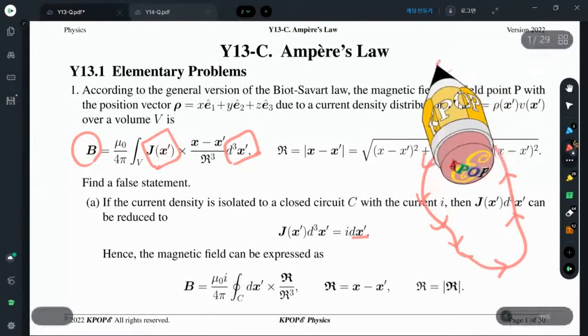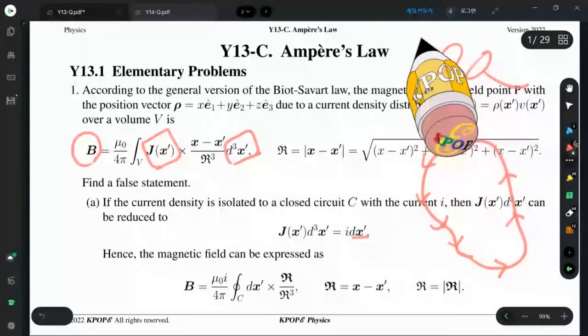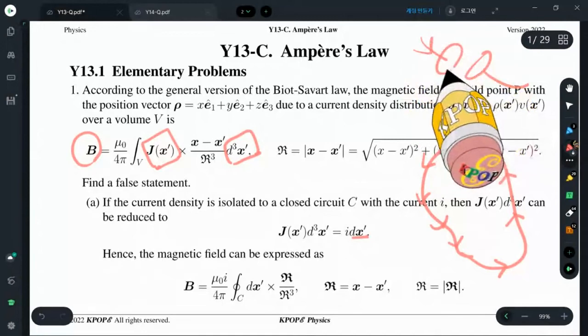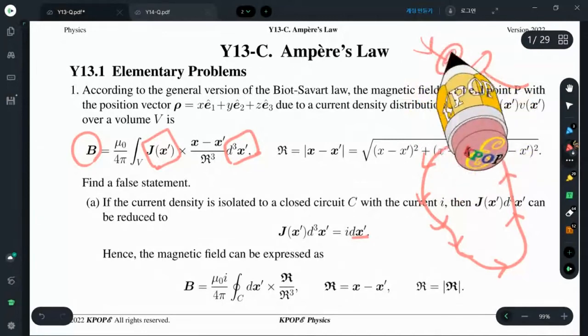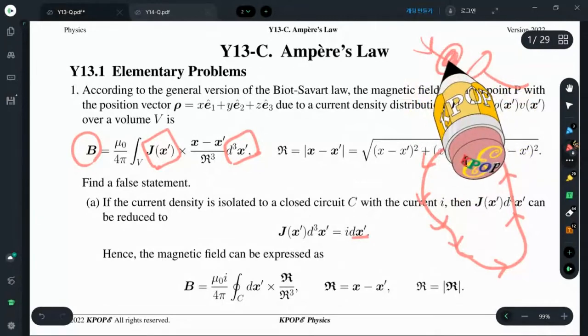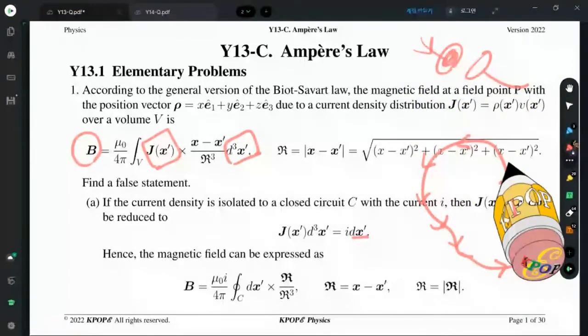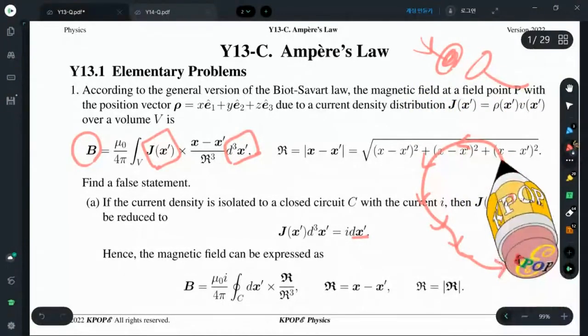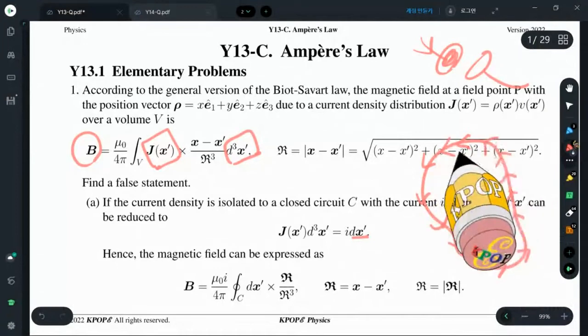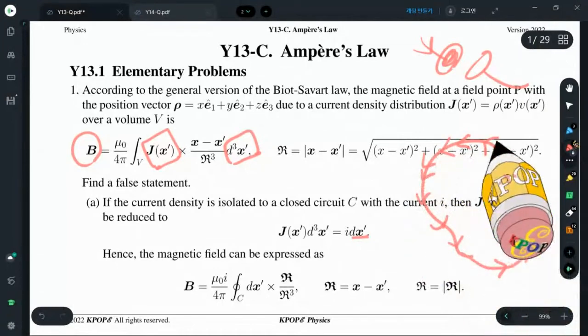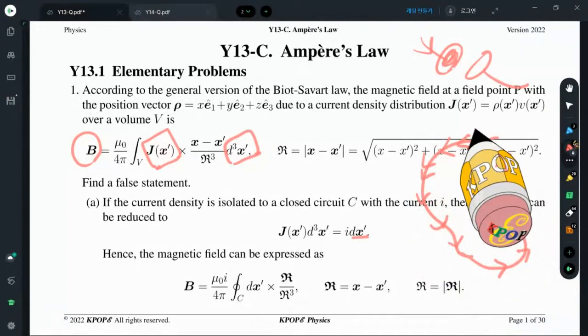For example, in the parallel plate capacitor, if current flows in and charge is accumulated, the current does not flow. However, we assume that the circuit is closed and the charges are flowing along a closed path.